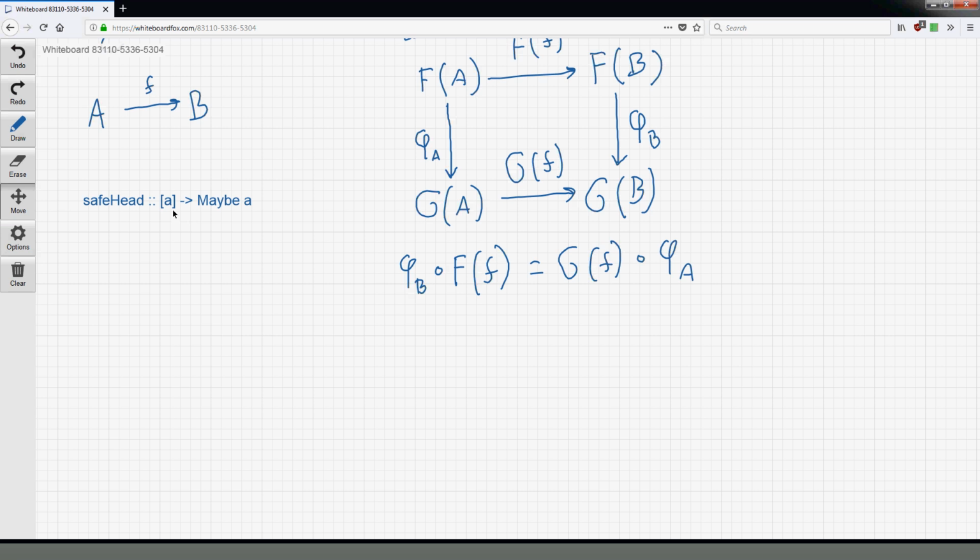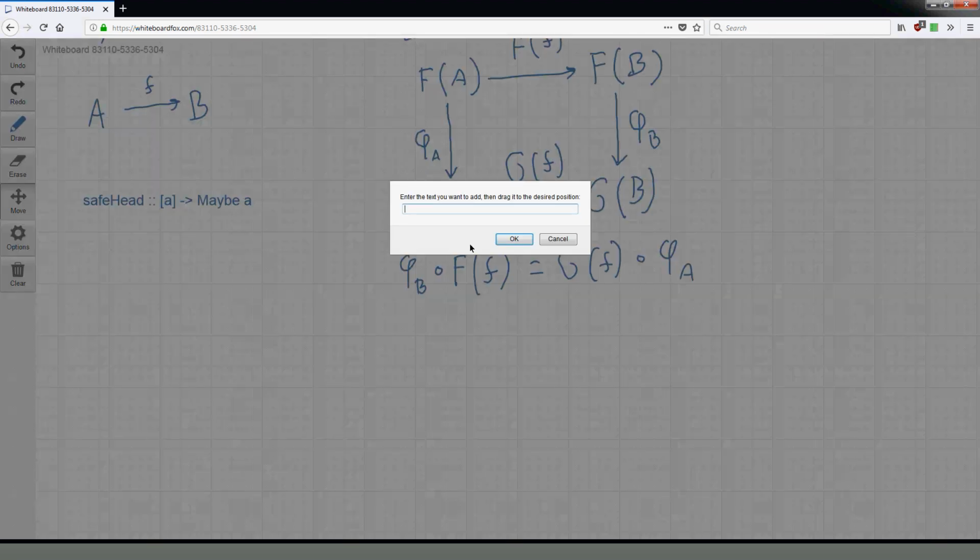Well, so essentially what that means is that if you have some function from A to B, I'll type it out in text. You have the restriction that f.